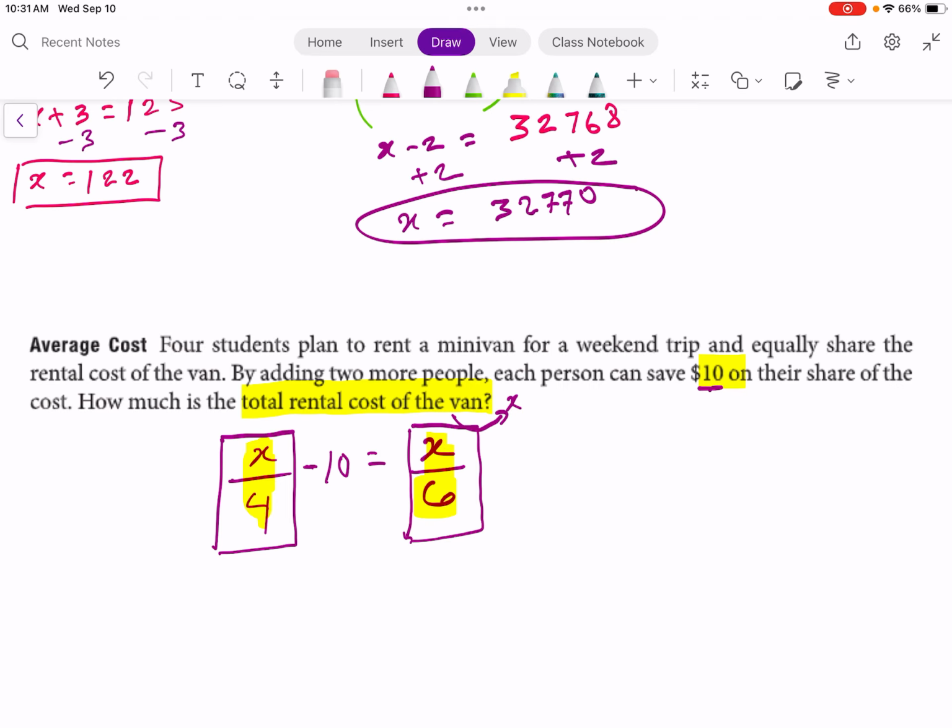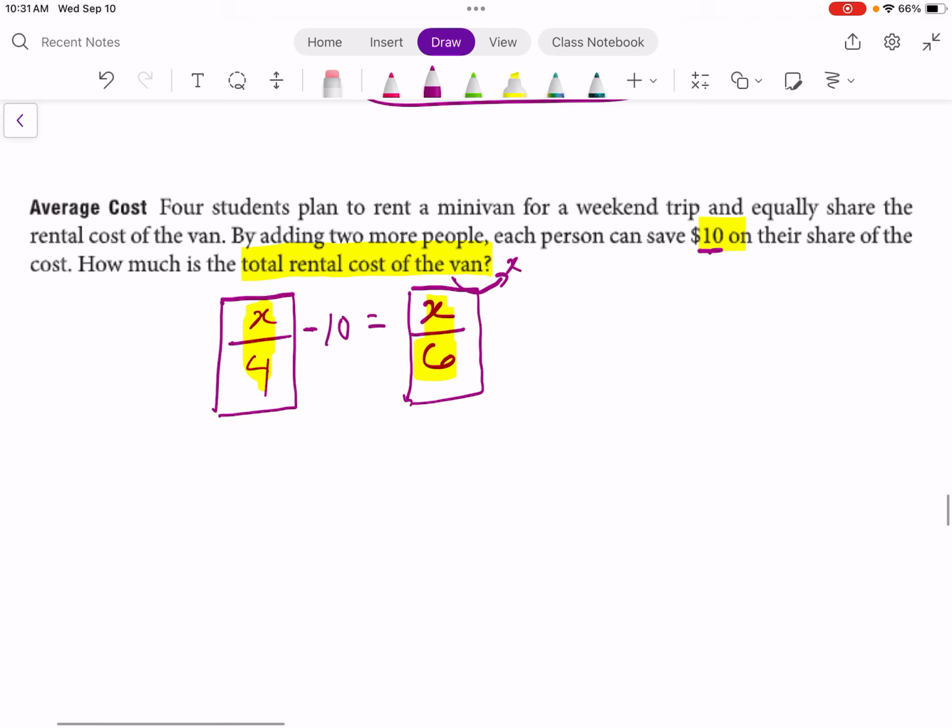Or, we can do it in a different way. You have x as the cost of a van. When you are 4, each of you pay x divided by 4, right? And when you are adding 2 more people, the cost will be x divided by 6. You save $10, meaning you are adding 10.